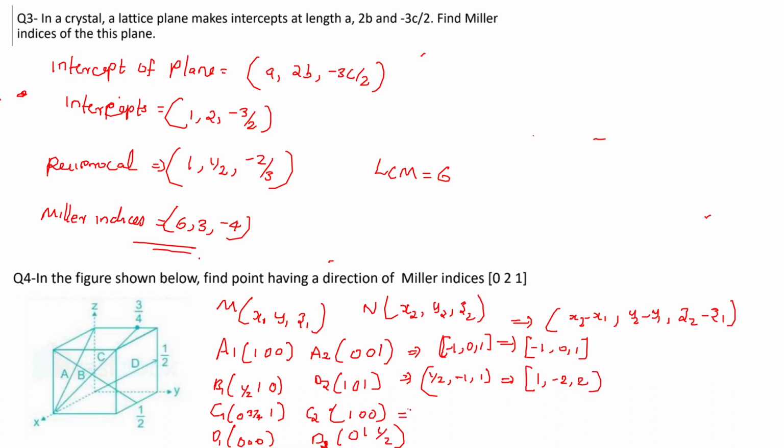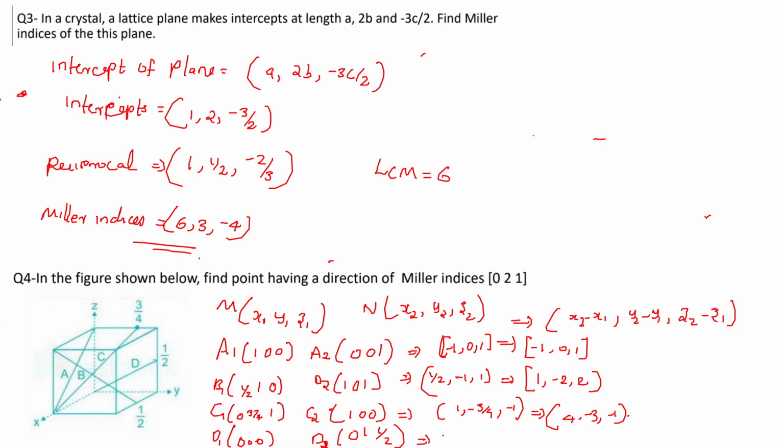Okay, now C will be 1, minus 3 over 4, minus 1. So the Miller indices will be 4, minus 3, minus 3, minus 1. Okay.